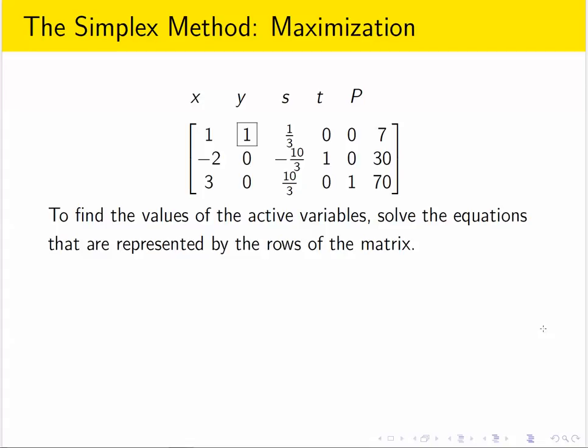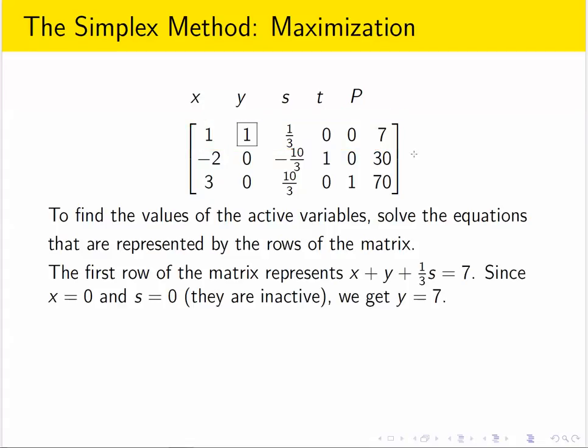Next, you take a look at the active variables, and you find their values by looking at the equation that each row represents. So for example, this first row represents an equation, 1x plus 1y plus 1/3 s plus 0t plus 0p equals 7.